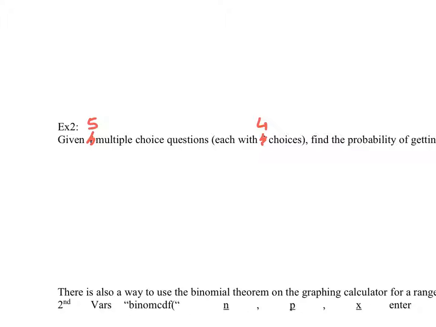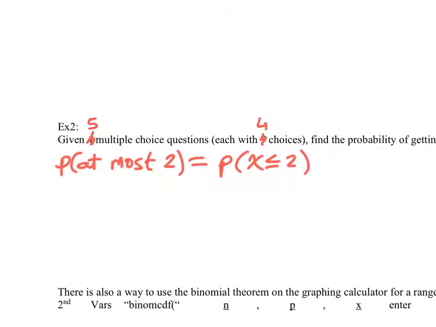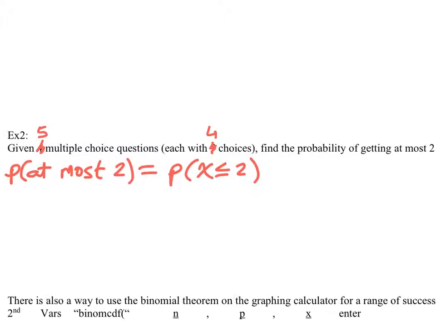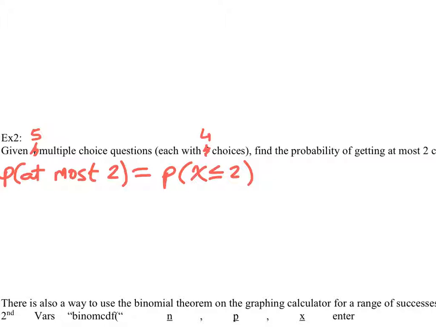So at most 2 is really the same as saying x is less than or equal to 2. You could use the table, the one that we just created, and just add up values, but there's other ways to do it. I'll show you another technique in a sec. This is the same as the probability of getting 0 or 1 or 2.